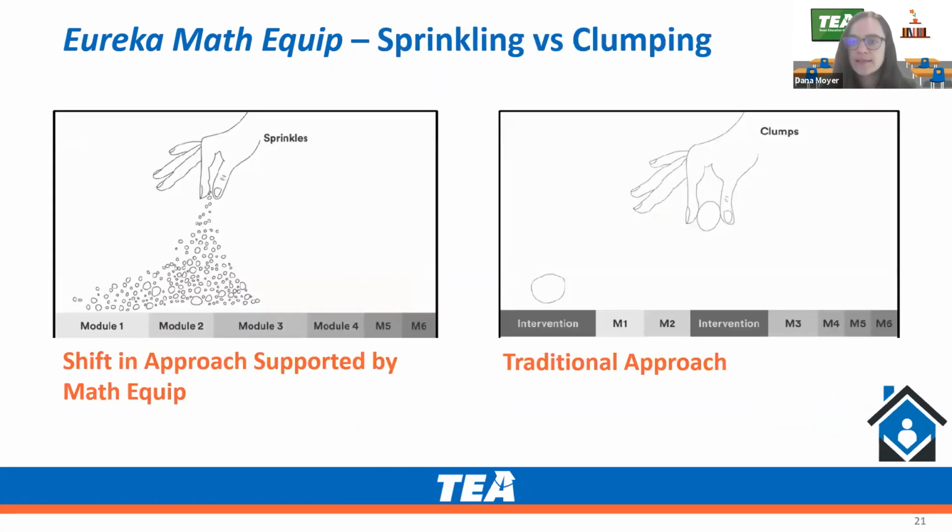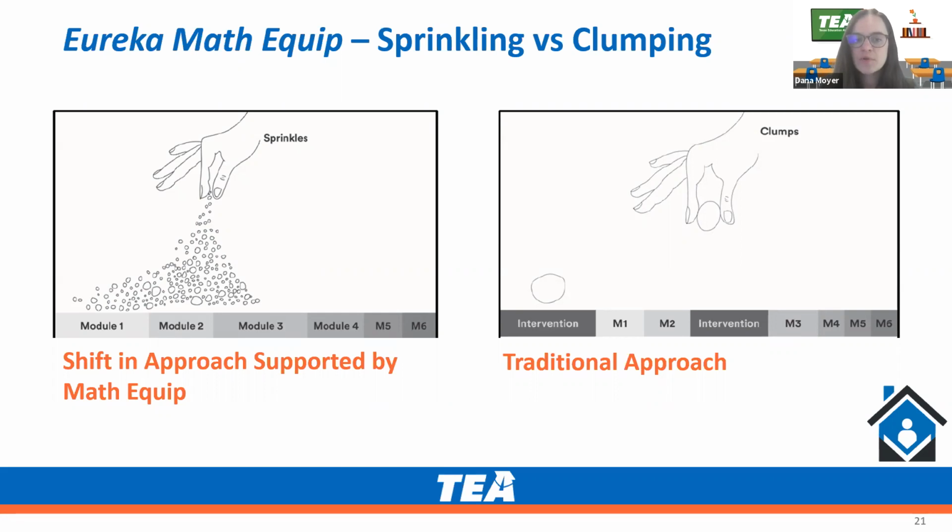I really want to highlight the intention of the Eureka Math Equip tool and how it supports just-in-time intervention. So it really wants to sprinkle intervention at the most appropriate times through the year. So you can see intervention can happen in Module 1 related to Module 1 content, and in Module 2 related to Module 2 content.